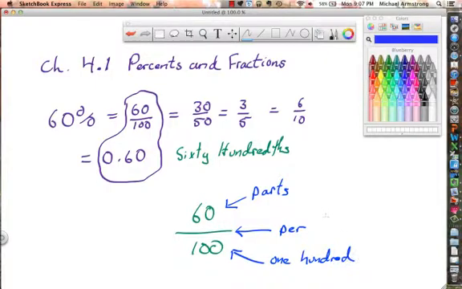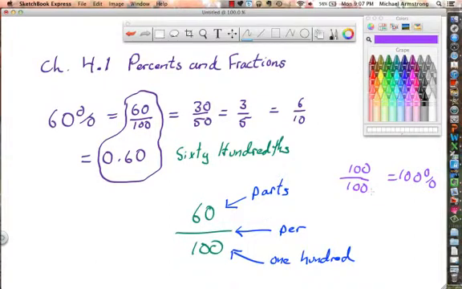So if we say parts per 100, we read these parts per 100. If you have all of them, 100 parts per 100, that sounds a little bit silly, but it's all of them. See, 100 parts per 100 is equal to 100%.